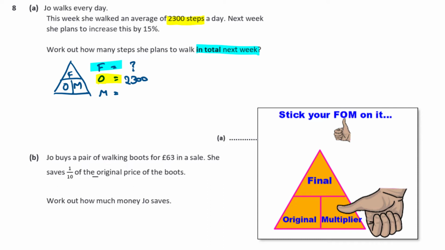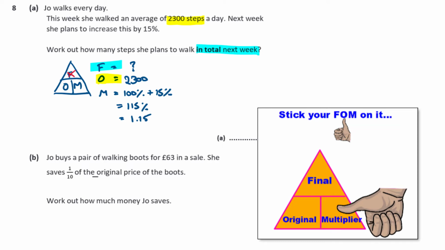Okay, then multiplier. This is a percentage increase. With percentage increase questions, you always start with everything, which is 100%, and then you add on the percentage increase. If it's a decrease, you take it away. So that is equal to 115%, which as a decimal is 1.15, and that's going to be my multiplier then. It's the decimal version of that percentage. Okay, so I want the final, so that's the one I'm going to cover up again.